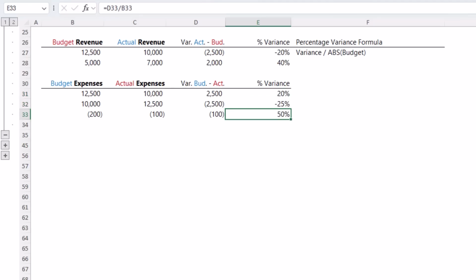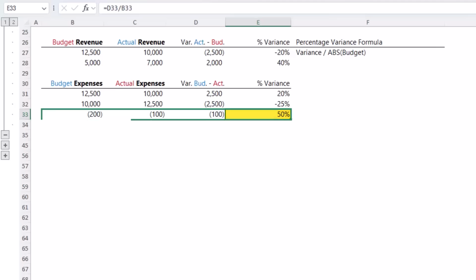However, if your budgeted figure is negative, whether it's a loss or a refund of expenses like it is here, the percentage variance can flip the meaning, making a worse result look better or the other way round. And we can see here we're expecting to get a $200 refund on some expenses, but we only received $100. We're $100 worse off, but the variance is positive.